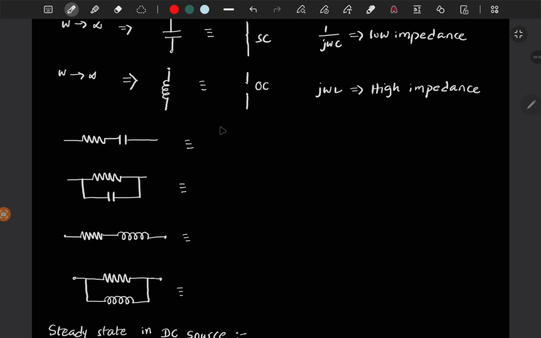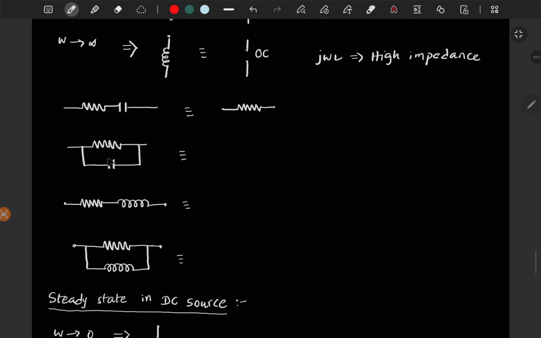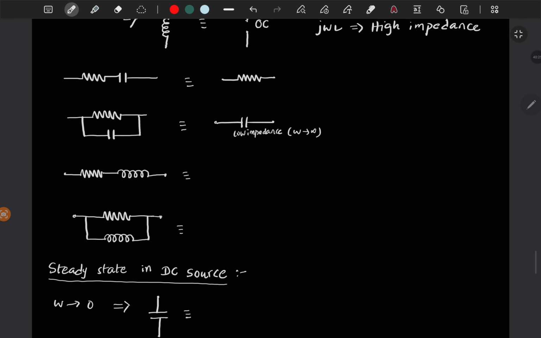So the capacitor is short circuited, so we simply represent it directly, and it is very low impedance because omega tends to infinity. And this one will be open circuited, right?